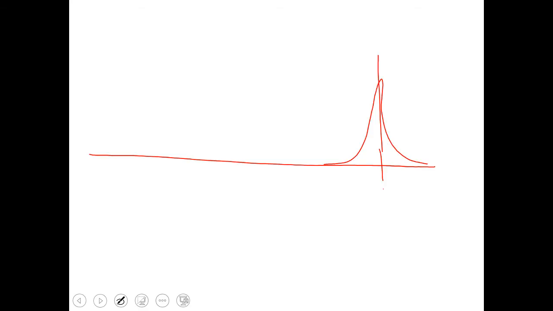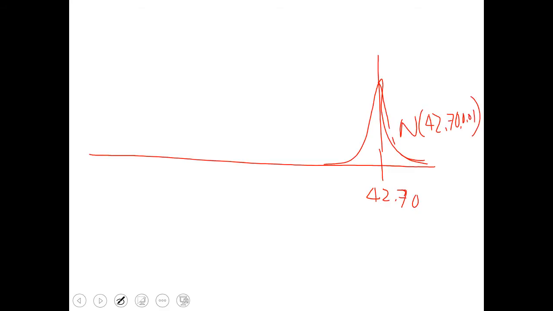So again, here is the real number, and we have a very high peak, the normal distribution 42.70, 0.01.